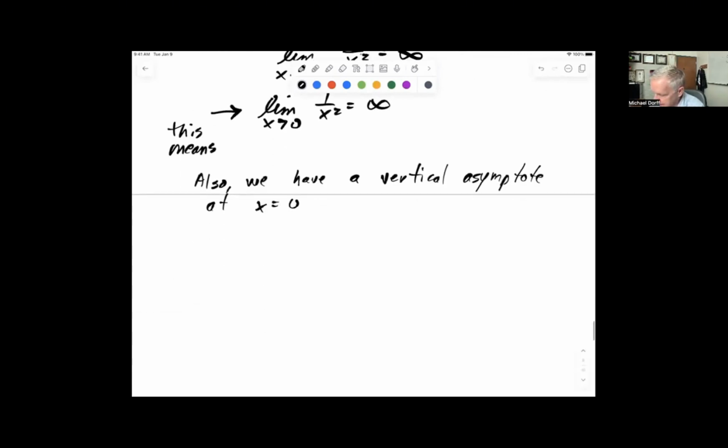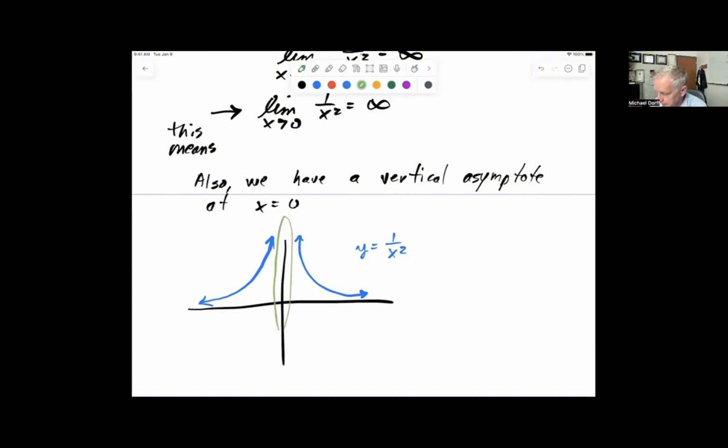If I were to look at the graph of this function, not something I would expect you to know, but I could use Desmos to graph it, it's going to look like this. What's happening as x gets close to 0? Well, the graph is going off to infinity from the right, and from the left it's going off to infinity.